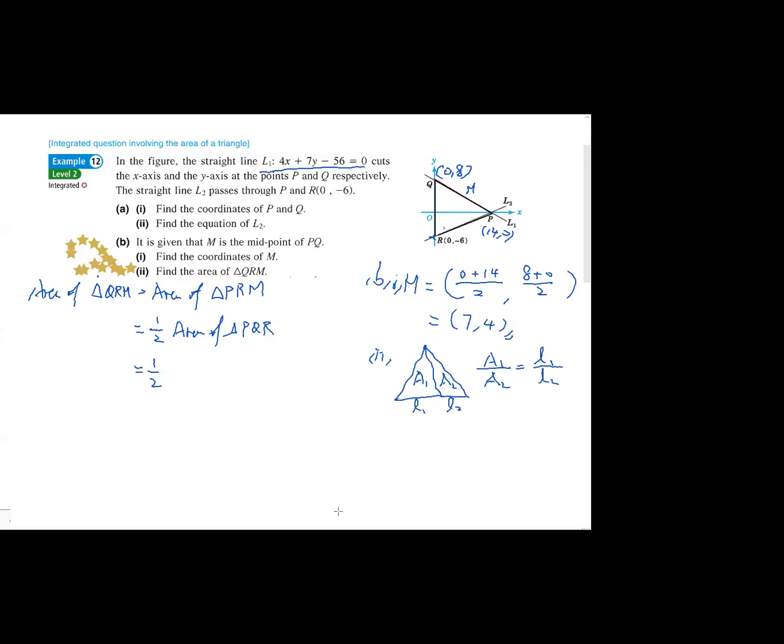I want to calculate the area of this triangle, so I need to find out which side to be the base and which side to be the height, in order to use the formula base times height divided by 2.